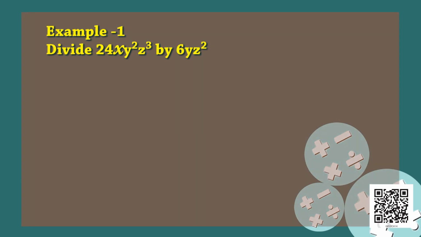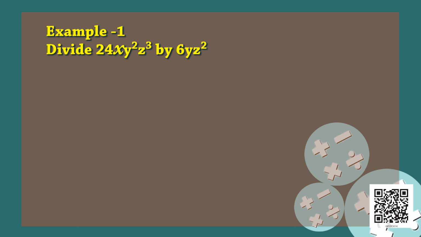Example 1: divide 24x y square z cube by 6y z square. First, we write both the given terms in the irreducible form.